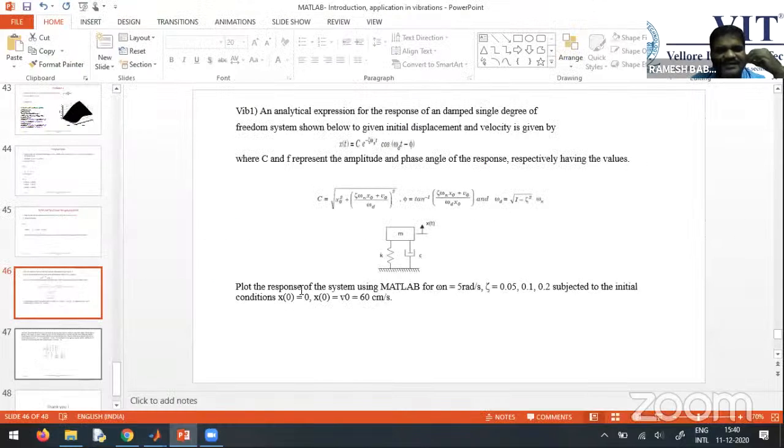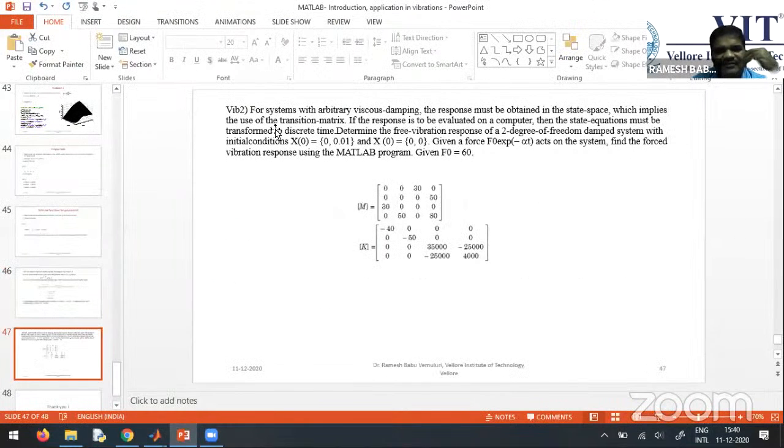Then we can take one more example for the multi-degree of freedom system. For systems with arbitrary viscous damping, the response must be obtained in the state space, which implies the use of the transition matrix.